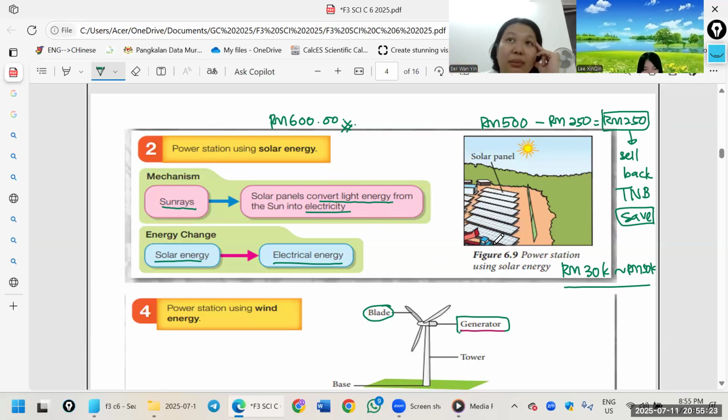I didn't study much, but so far solar energy is way more environmentally friendly. The thing that is not good is that the material inside is hard to recycle. So let's say we use it for 30 years, the lifespan is 30 years, and it seems like I cannot recycle the material.